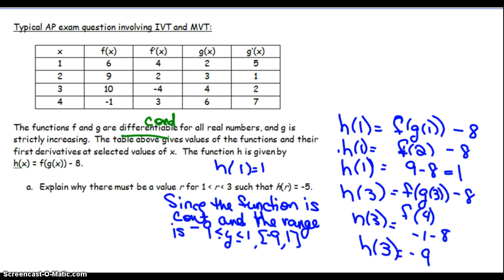Since we have a range between -9 and 1, there must exist an r by IVT, then that r between 1 and 3.